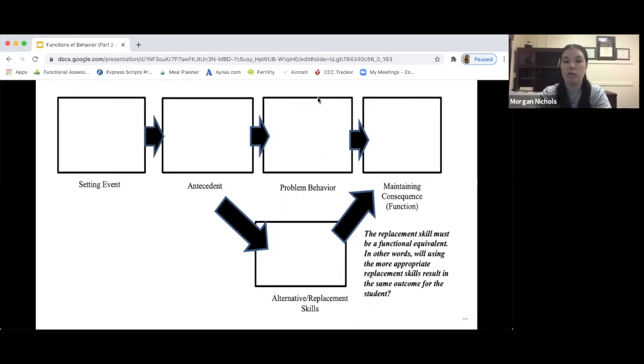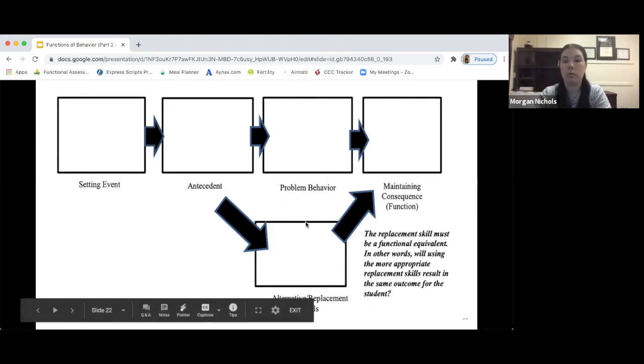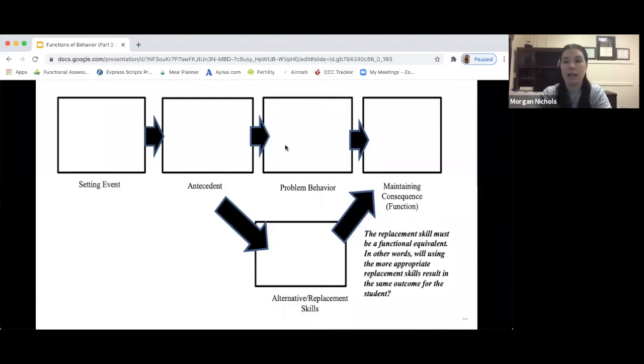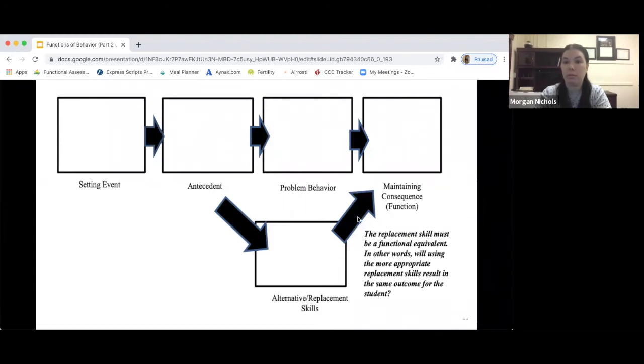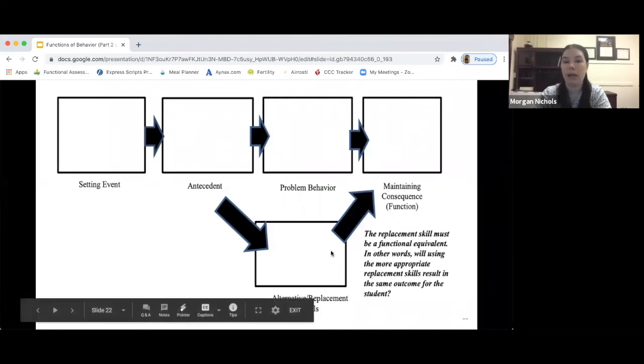One of the things we could possibly do is teach an alternative or replacement behavior. So instead of hitting, kicking, spitting, instead of running away, we're going to teach you to ask for a break. And you still get to escape, but this is no longer a problematic behavior.